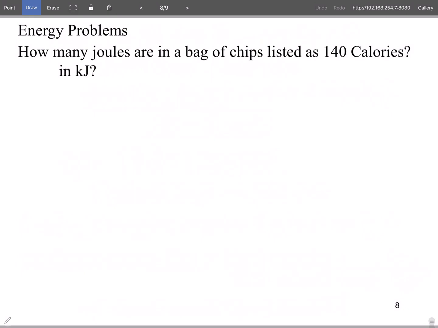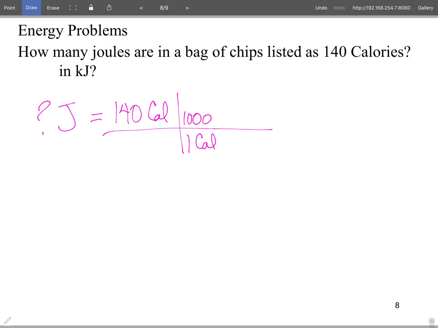So if, for example, if you were eating a bag of chips, I'm all for a bag of chips. I like food. Okay? Then we're asked for how many joules are in a bag that is listed as 140 calories. Well, remember, 140 calories is a big C calorie, so 1 big C calorie is 1,000 little c calories. And we know that 1 little c calorie is equal to 4.184 joules.